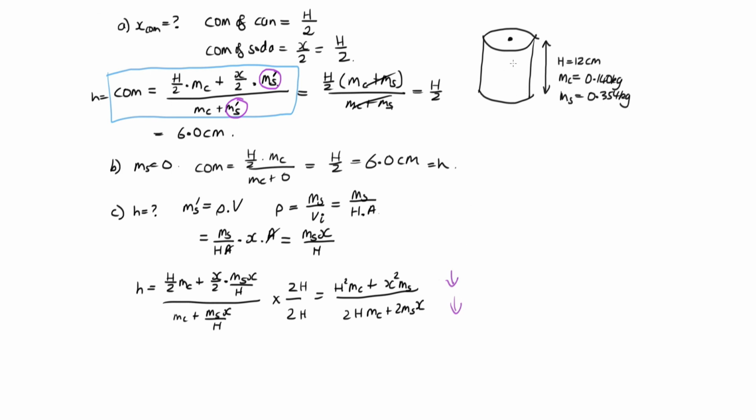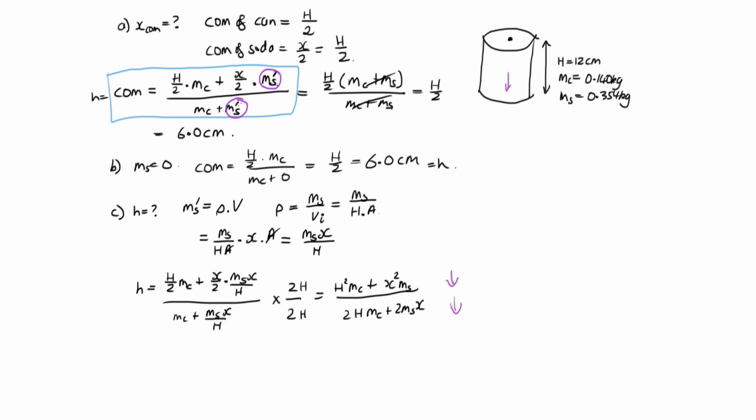As the soda drains out of the can, the center of mass of the soda goes down, while the center of mass of the can stays in the same place. So this is going to get the center of mass of the can and soda to drop. But then as this center of mass for the soda is going down, it's becoming relatively less important as the mass of the soda is going to 0.